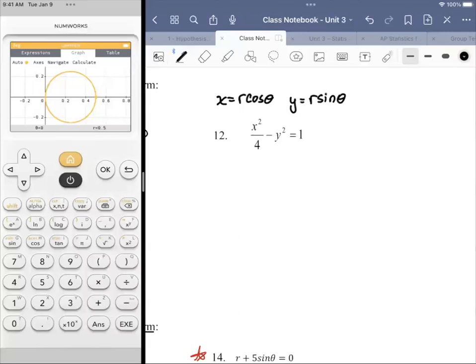Now, before you do that, you may want to try to clean it up a little bit. It's not always the case that you can, but if you can, you should. In this case, the only thing I could really do is multiply everything by 4. So multiply the entire equation by 4, you get x squared minus 4y squared is equal to 4.